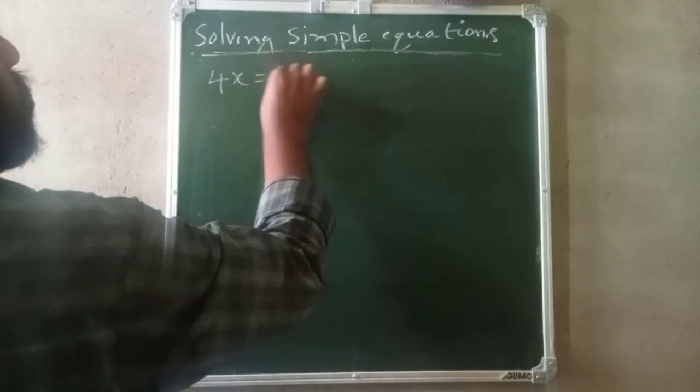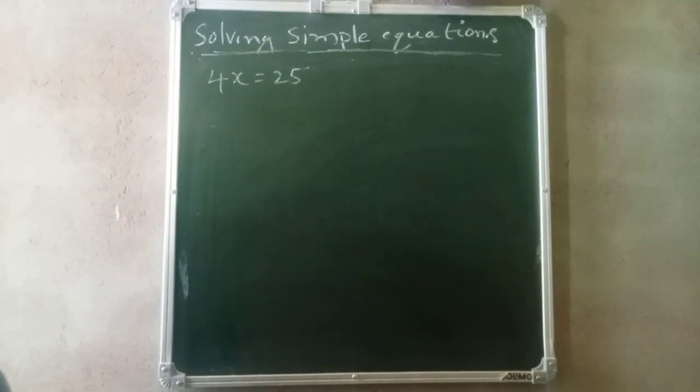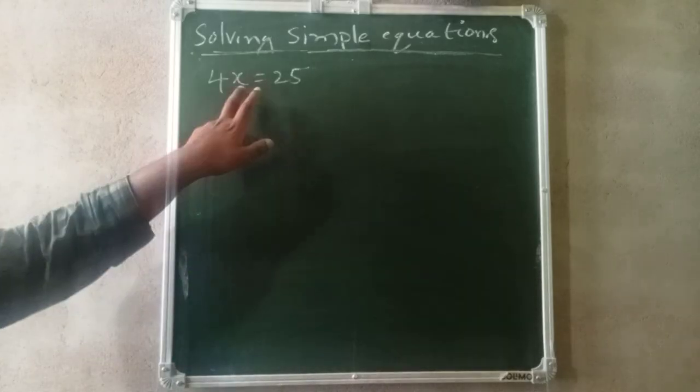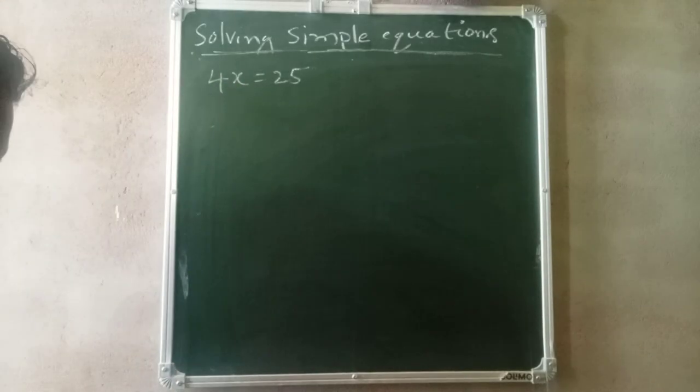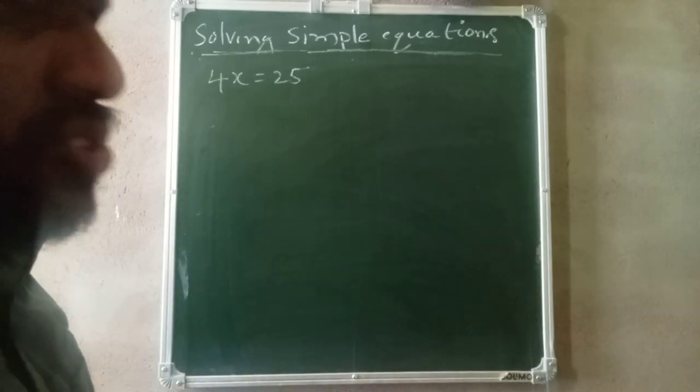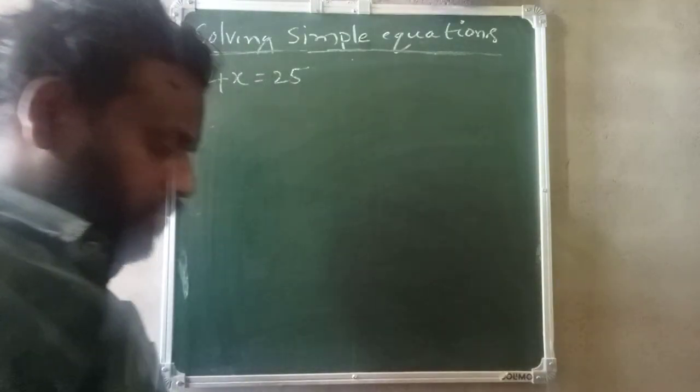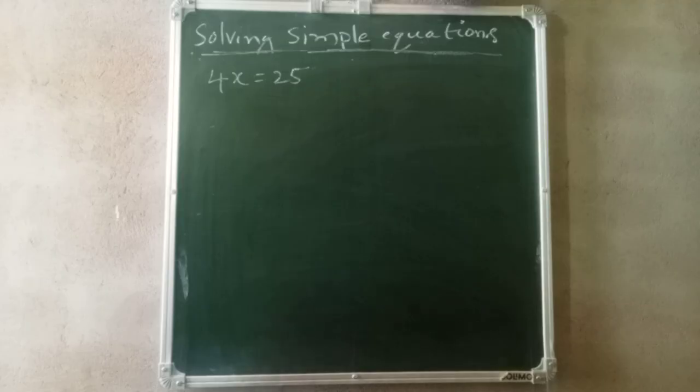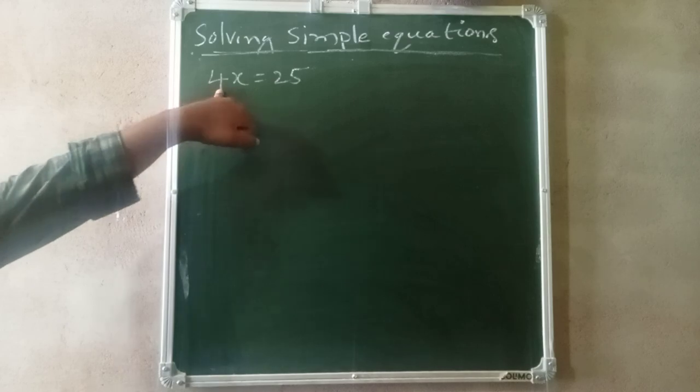So 4x is equal to 25 is the other simple equation. So here the variable is x. We have to find the value of x. So we want x, we don't want this 4.